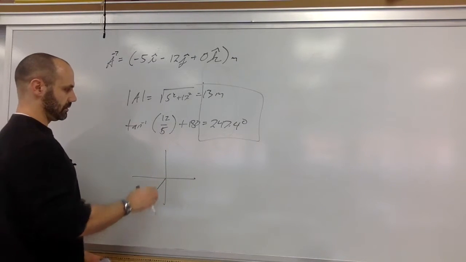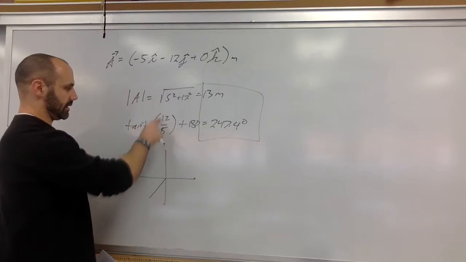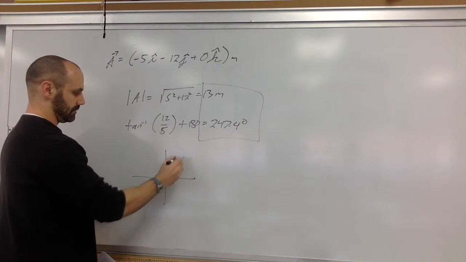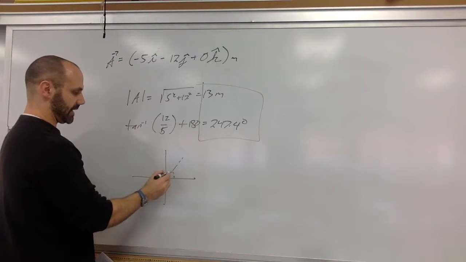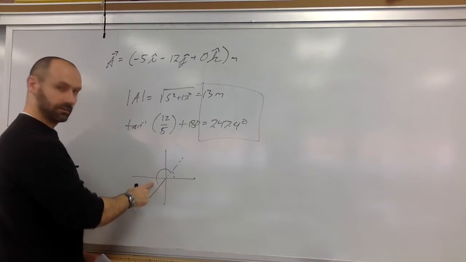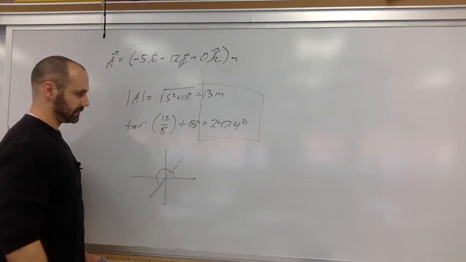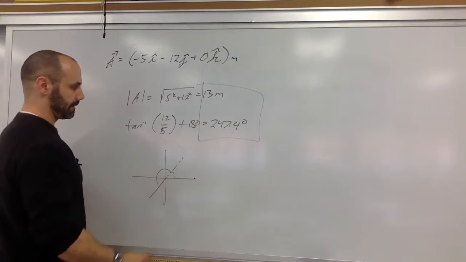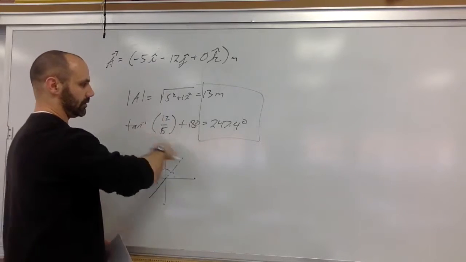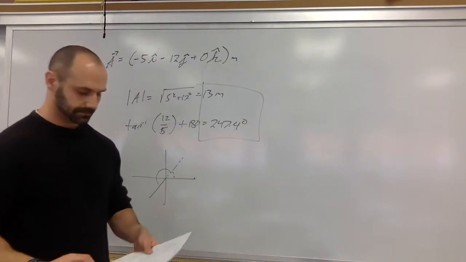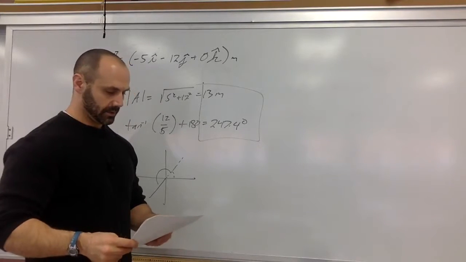Right. So when I do inverse tangent of this positive thing, that's going to give me some angle here. That'll give me this angle. So I have to add 180 degrees to get it into the right quadrant. That's one way that you can think about this. So be careful when you're using these angles, which quadrant you're ending up in, because the calculator won't necessarily do that for you.